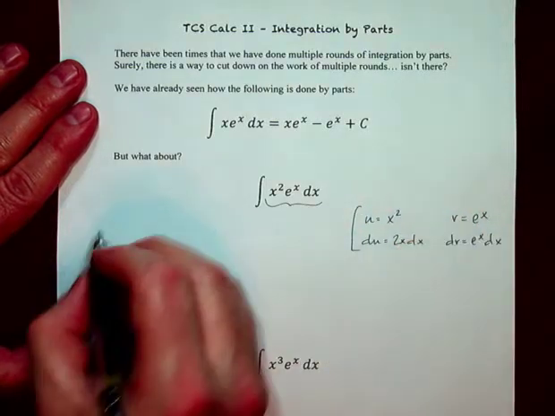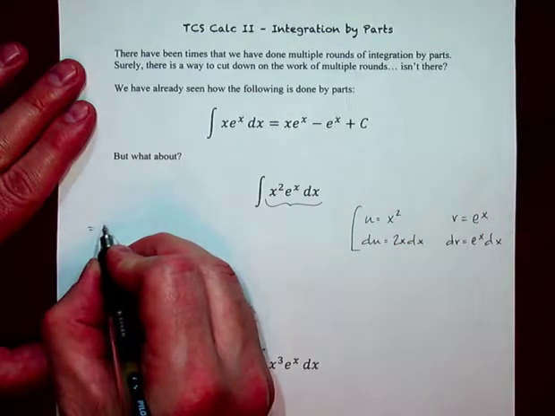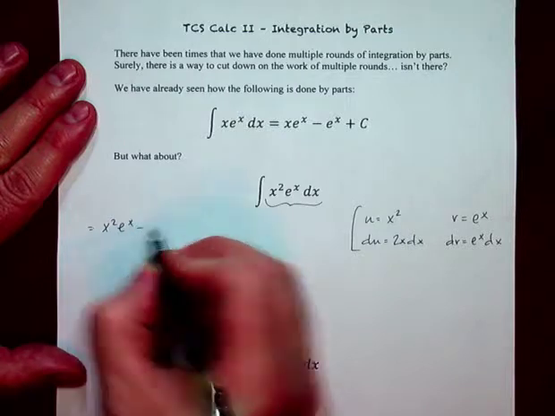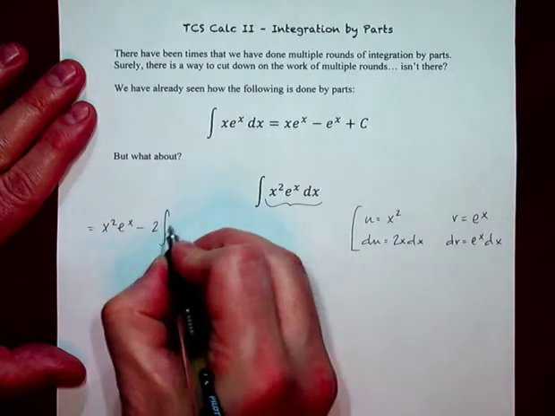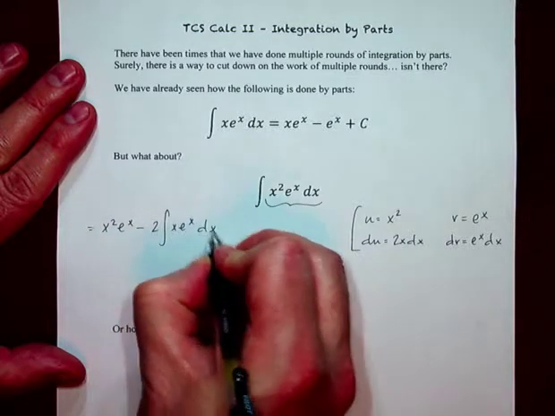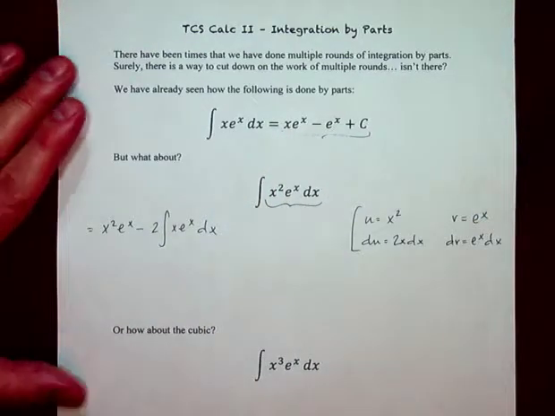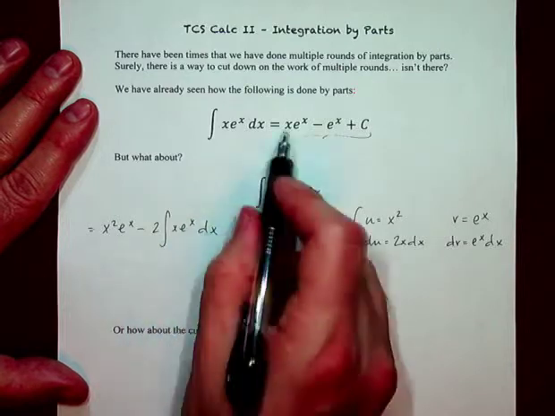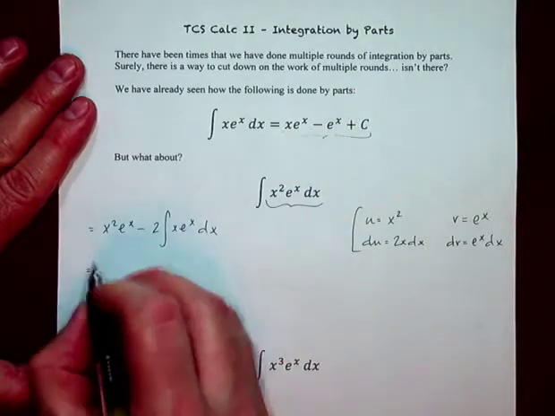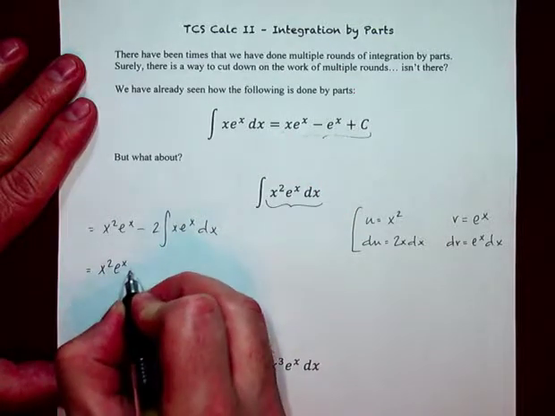And when we put it together, we get x squared e to the x minus 2 times the integral of x e to the x dx. Now, we're going to use this up here to speed things along, but we would have to basically do this process again, but in this case we're not going to.